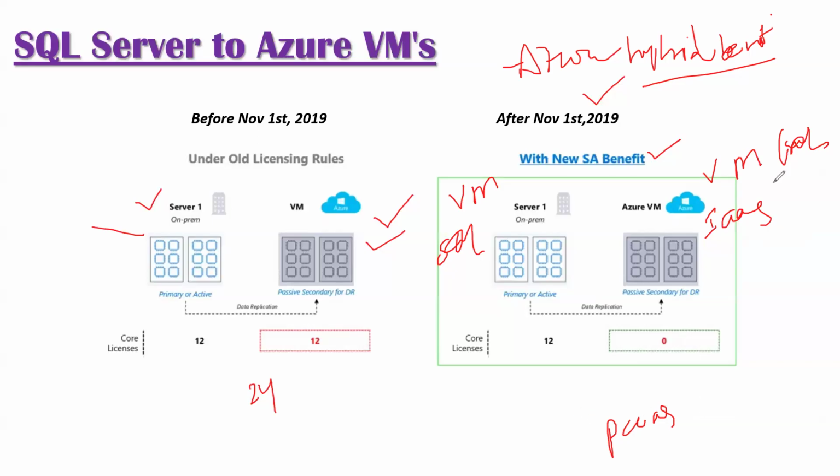Now, there is one more concept called PaaS, right? I can go for MI, managed instance, I can go for single database, I can go for elastic pools. You are going to deploy different types when you go for cloud. Now, how my licensing is working in PaaS, that concept I will explain when we are discussing Azure Hybrid Benefit, sir.